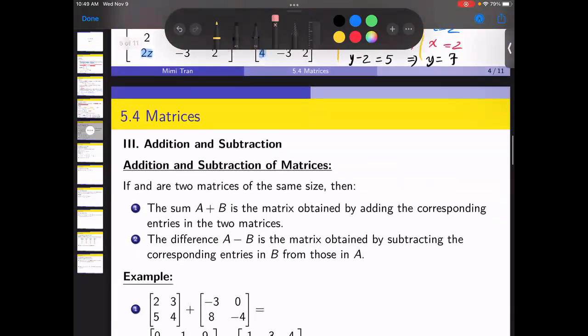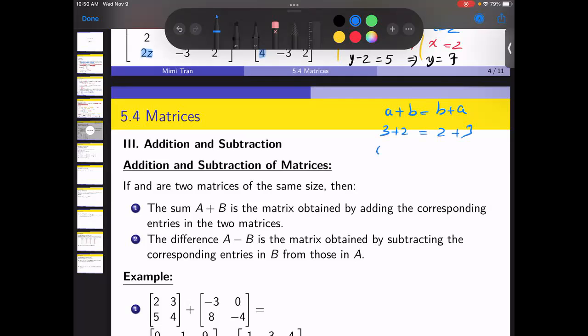Adding and subtracting. Like numbers, I can add and subtract matrices as long as they're the same size. For numbers, a plus b is equal to b plus a. Don't write this down. This is always true for any numbers. 3 plus 2 is the same thing as 2 plus 3. So this is called the commutative rule.